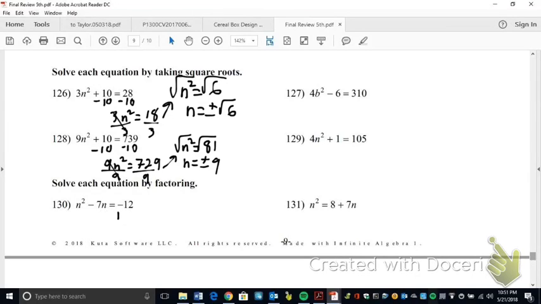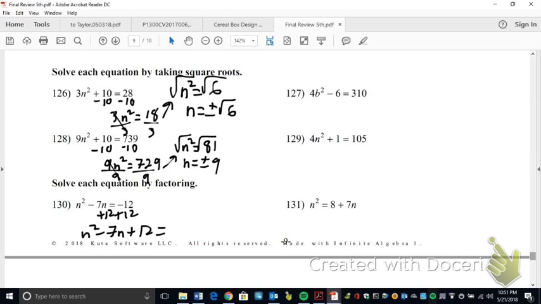Okay, solving each by factoring. Now this gets a little bit trickier because we're not going to have n equals 2 or something like that. But watch what happens here. If I add 12 to both sides, I get n squared minus 7n plus 12.